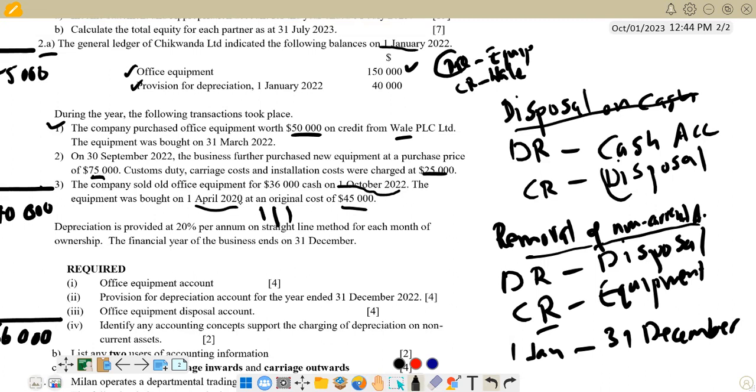But in the first and third years it didn't stay the whole year, so we need to allocate depreciation according to how long it really stayed in the business. It only stayed the whole year for the second year. So let's quickly calculate the depreciation that is needed.